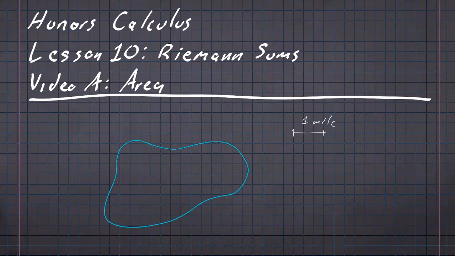There are a couple of different ways that you can approach calculating the area of this shape. The one that I want to use here is an idea called the trapezoid rule.